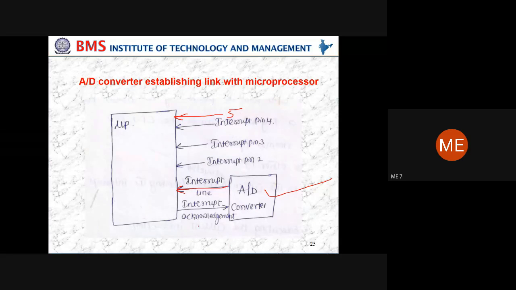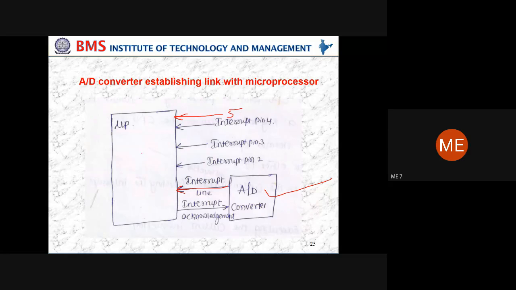Then it gives the acknowledgement. Please understand here, the microprocessor will send an acknowledgement, that is the interrupt acknowledgement. Any external device can request the microprocessor for communication, but it is the microprocessor which should open up for the communication by sending the interrupt acknowledgement.